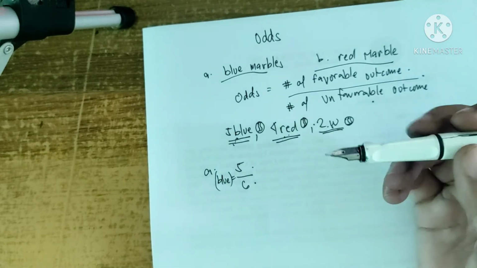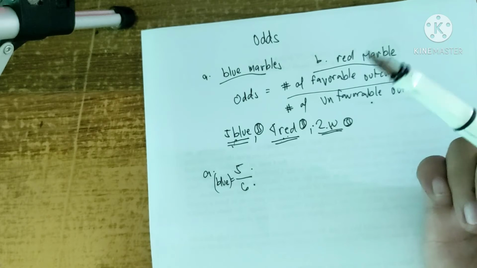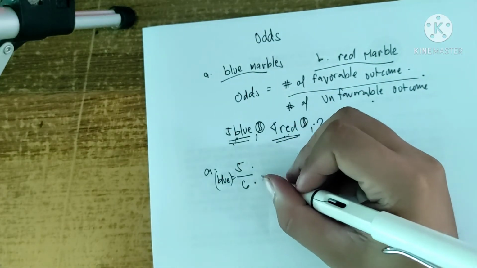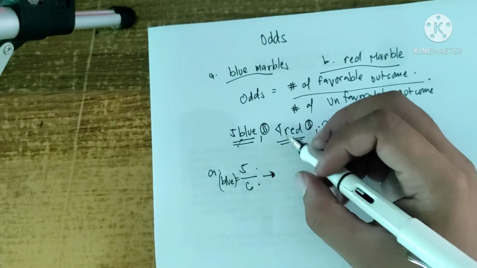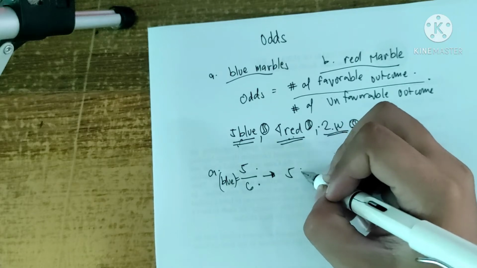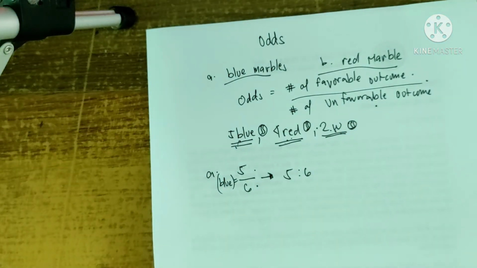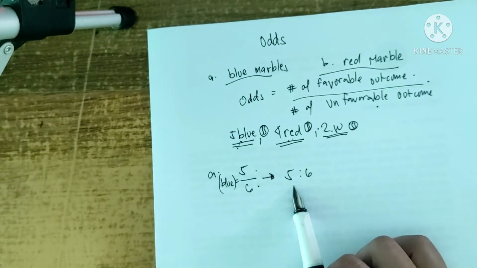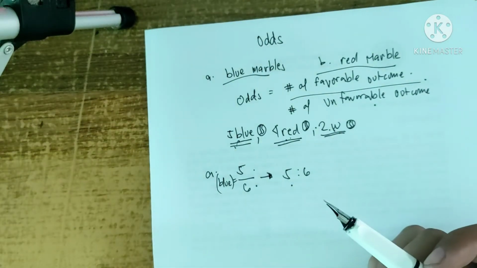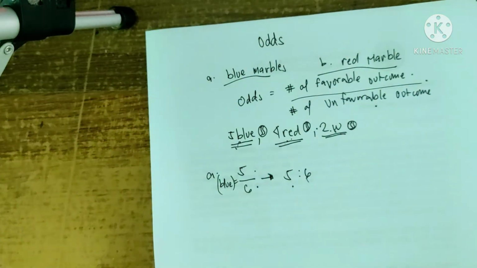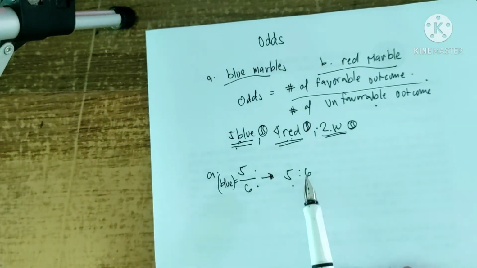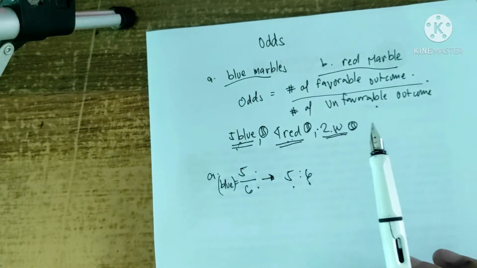Okay. So in ratio, we have 5 is to 6. 5, which is the possibility of getting a blue marble, and 6, which is the possibility of not getting blue marbles. Kasama na dyan yung red natin at saka white.